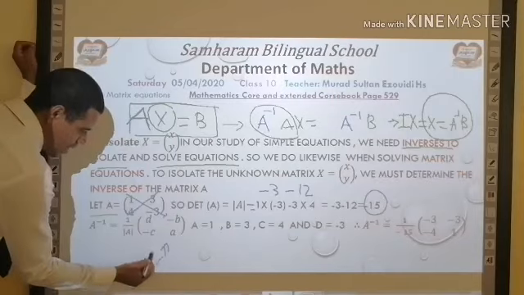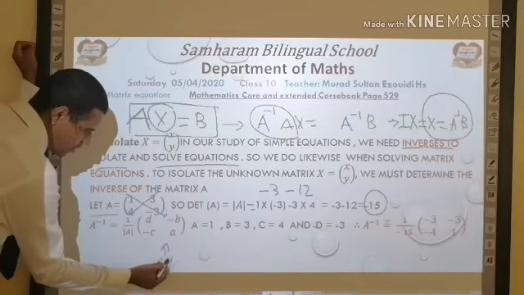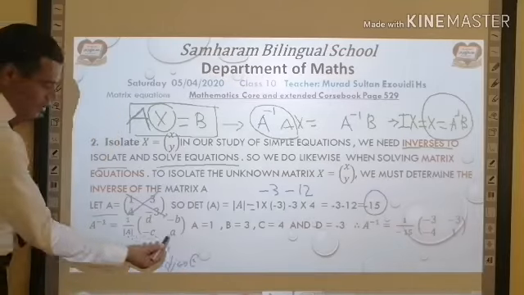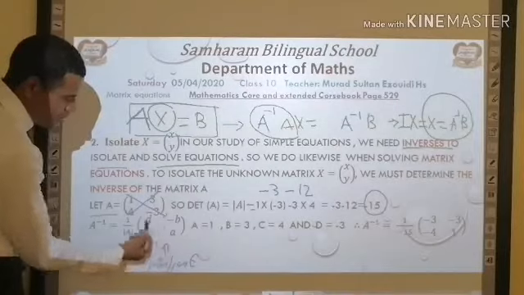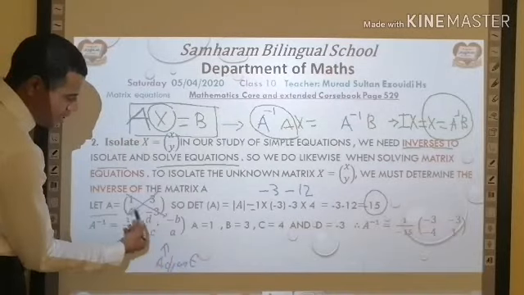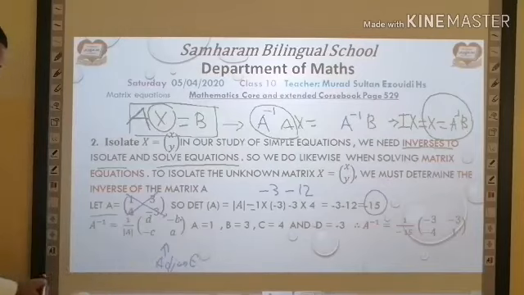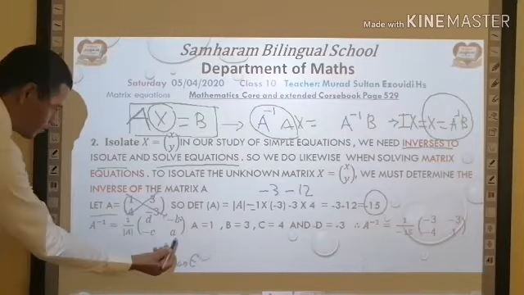Do you remember? In order to find the adjoint, you rearrange the main diagonal and just change the signs of the second diagonal.